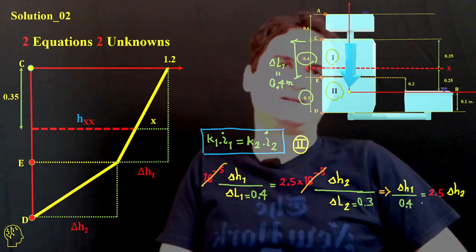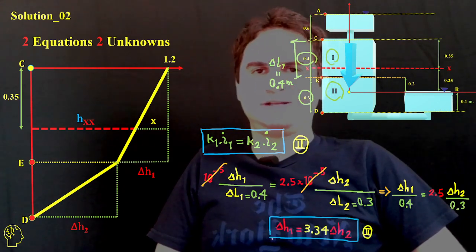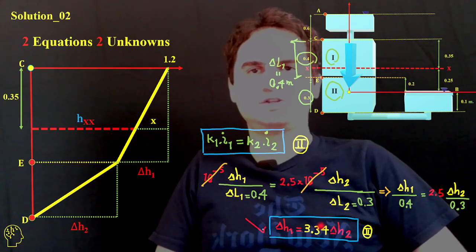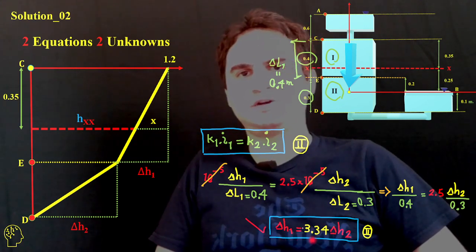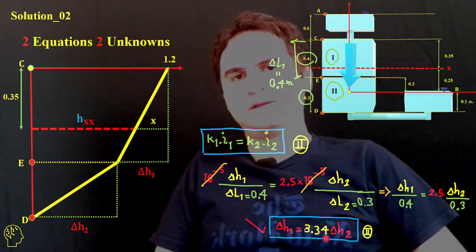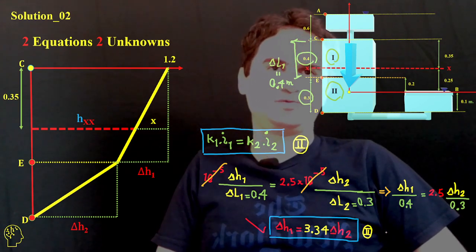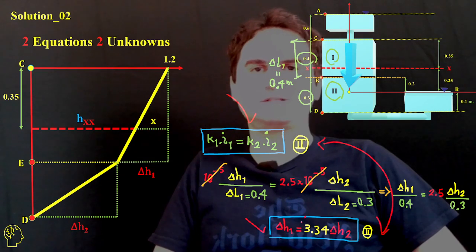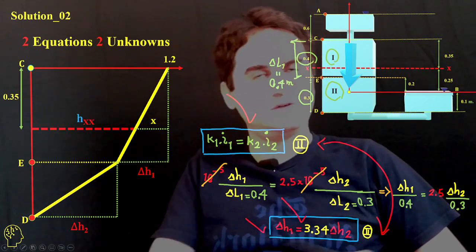If you solve it, it gives us a relation between delta H1 and delta H2, where delta H1 is 3.34 delta H2. This is our second equation. This is the relation between them.